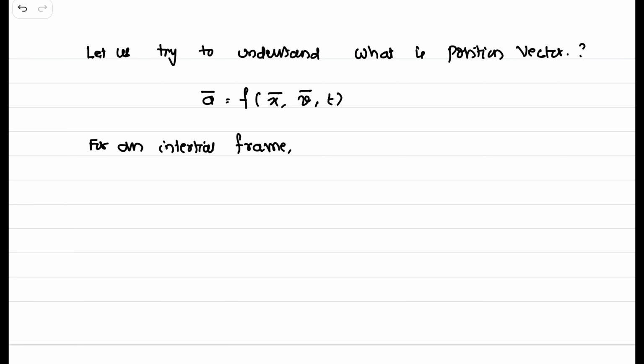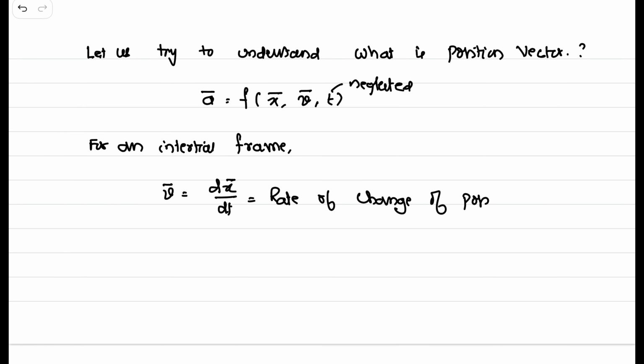t can be neglected, or this is not required, because velocity itself is the rate of change of position vector. What is velocity? Velocity is the rate of change of position vector.